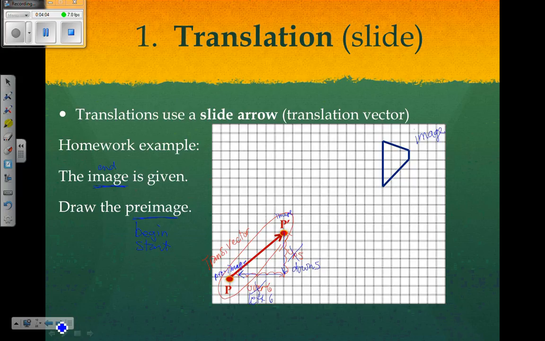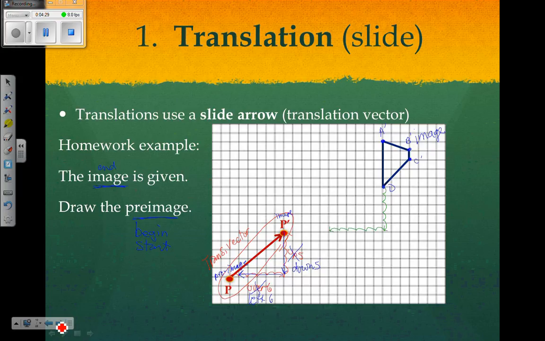Okay, so first of all, let's label this. I'm going to call it A prime, B prime, C prime, and D prime. And so we're going to go down 5 and left 6 for all of these. I'm going to start with D. Down 5 and left 6.